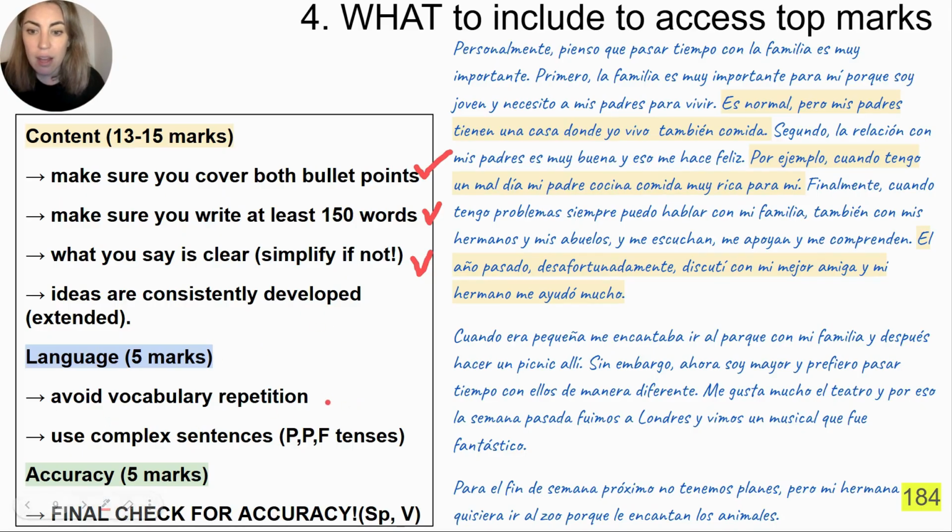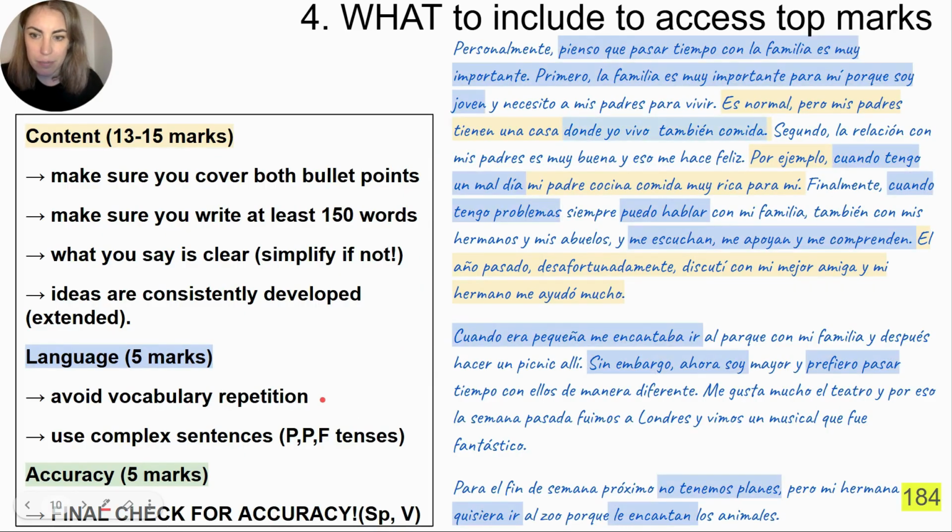Language. Avoid using repetition to keep the old rat happy. Yes. I have highlighted here the bits that are complex sentences and the tenses, okay? So I think that plus infinitive is a good example of complexity. Providing a list, primero, segundo, finalmente, something is quite articulate, that's very good.